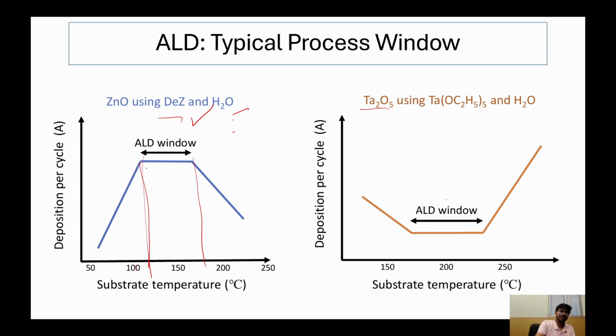Below this temperature the reaction is not good, and above this temperature it is again desorbing. For tantalum oxide with this precursor, at lower temperatures condensation is happening, and at higher temperatures decomposition is happening. So this is the thing.